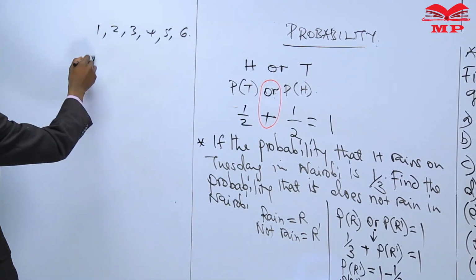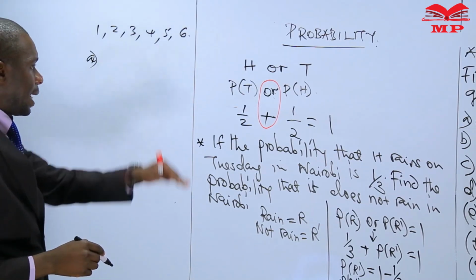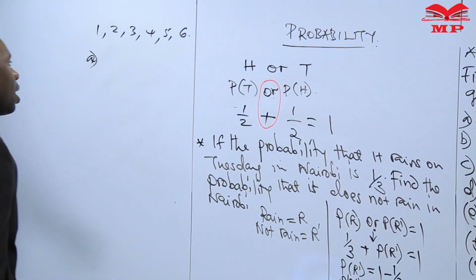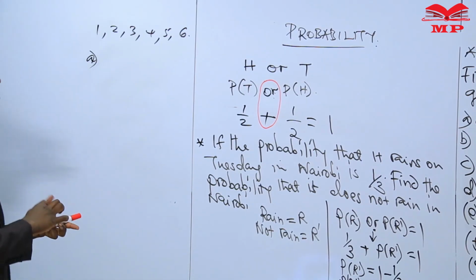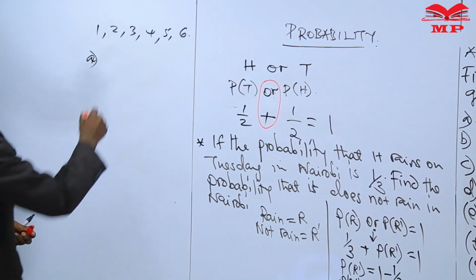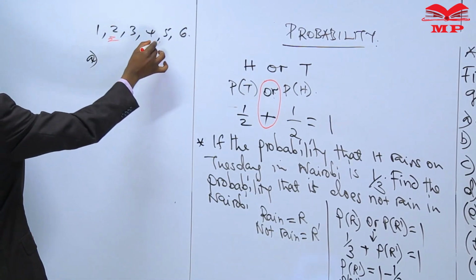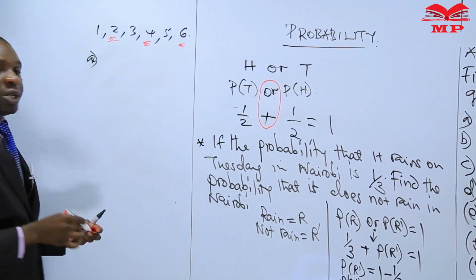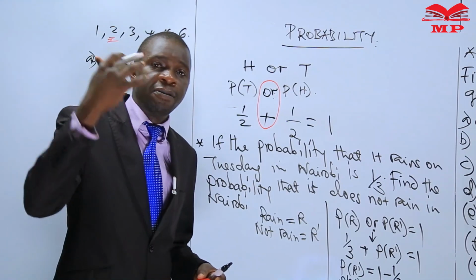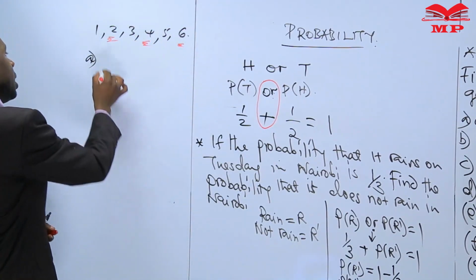So in situation 1, an even number or a 3. Now, we have to see from our sample space what the even numbers are. The even numbers are 2, 4, 6. But what is an even number? An even number is a number that can be divided by 2 without a remainder.